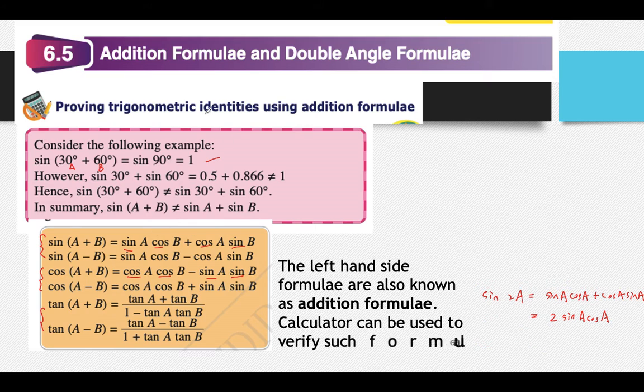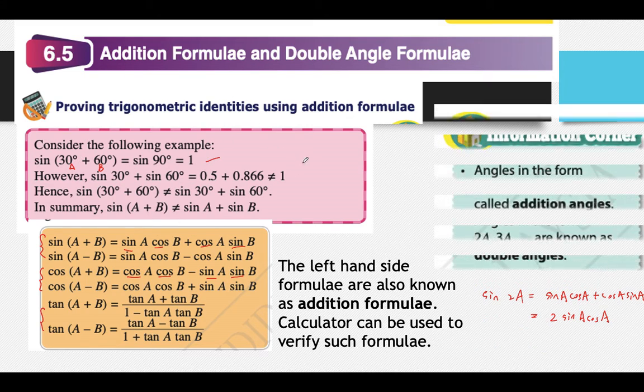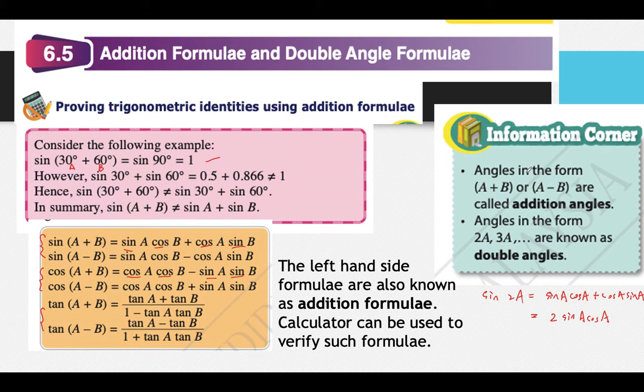And a calculator can be used to verify such formulae. Angles in the form A plus B or A minus B are called addition angles. If the angle is in the form 2A, meaning A plus A, we can derive it from the addition formula.